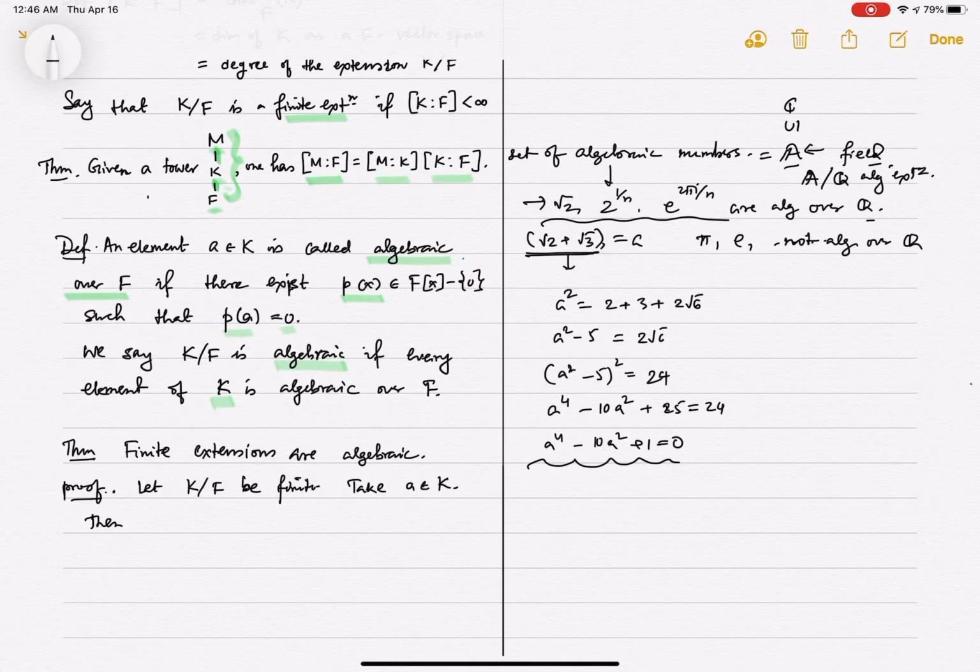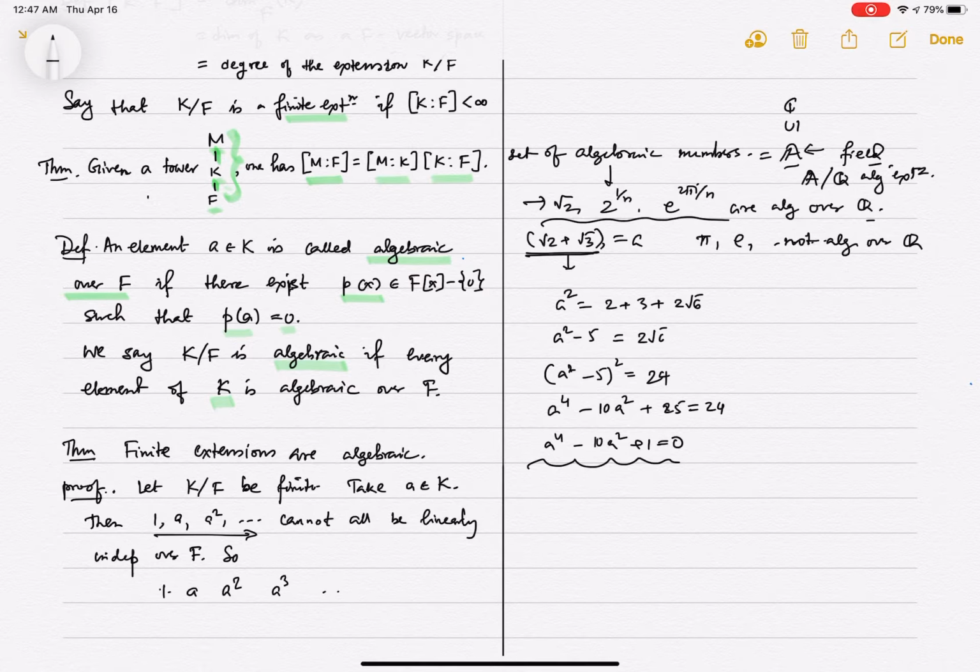Then the observation is that if you take all these elements, 1, a, its square, etc., they cannot all be linearly independent over F, because we have all these elements in K. You cannot have infinitely many linearly independent elements in a finite dimensional vector space. Means between these elements there has to be a finite dependence relation.